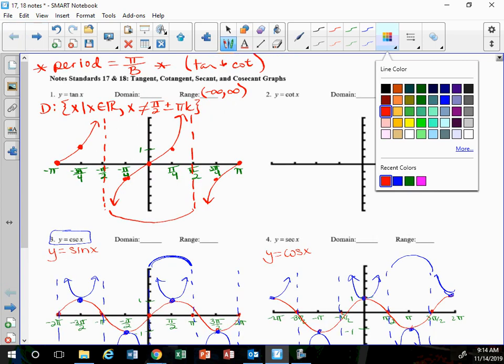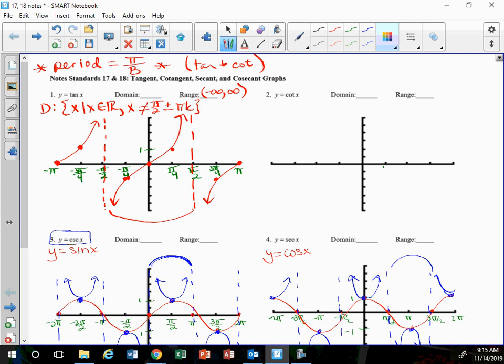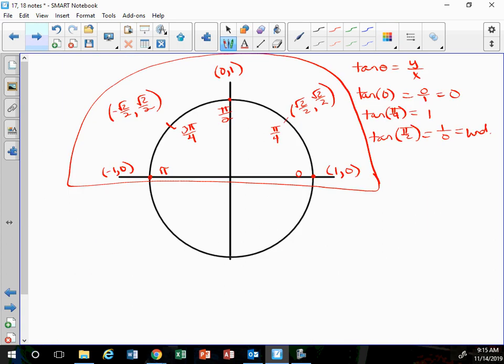Your x-axis labels are just pi over 4, pi over 2, 3 pi over 4, and pi. I'll go back to this page if you want to reference it, and I'll give you a minute here to try.